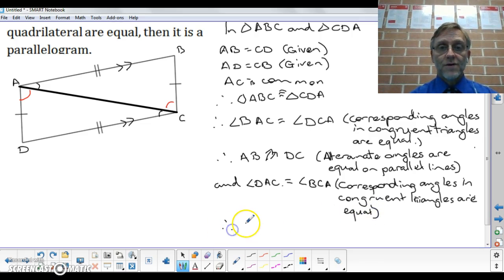And therefore, AD is parallel to BC, because alternate angles are equal on parallel lines.